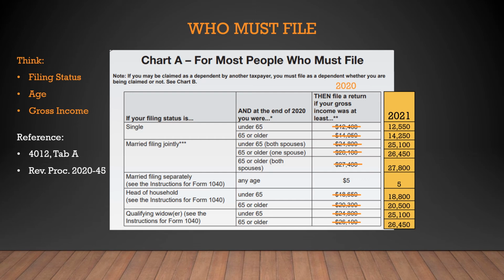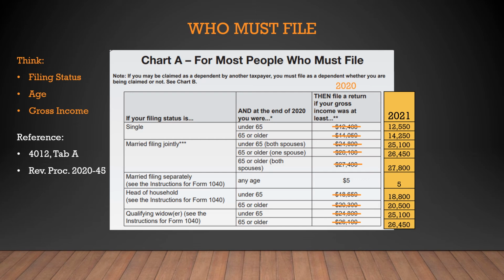Remember, we're going to cover more about filing status and determining what filing status our taxpayer will be in the next lesson. Also note that if the taxpayer is 65 or older and they are single or head of household, they get an extra $1,700 added to their filing requirement.